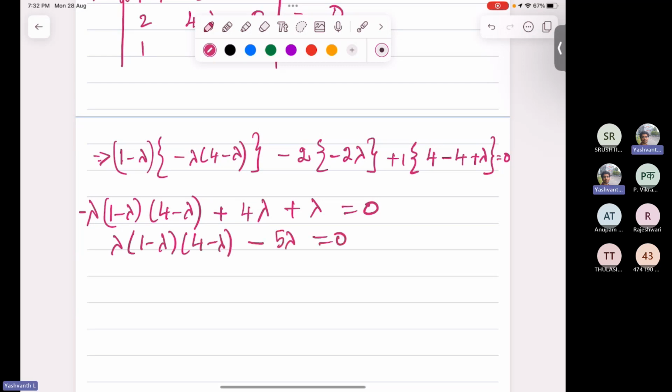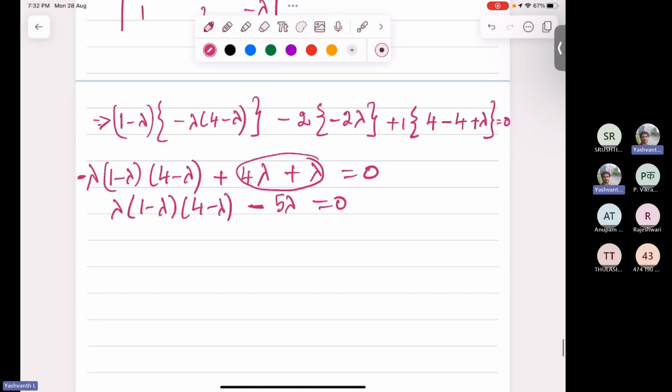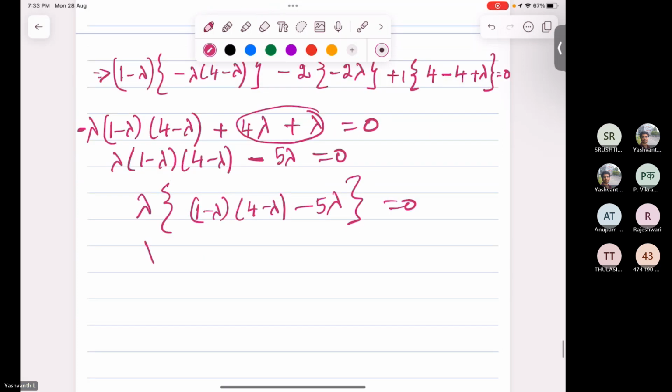I just took the minus common everywhere, so this becomes plus 5 lambda. There's a minus here, so take the minus that side, so it becomes minus 5 lambda. What does it become? Lambda into 1 minus lambda into 4 minus lambda minus 5 lambda equal to 0. Lambda into 4 minus lambda minus 4 lambda plus lambda square minus 5 lambda equal to 0.